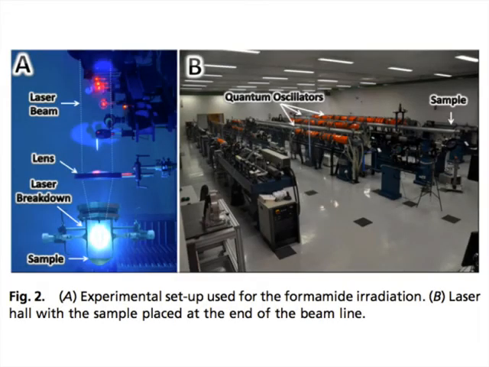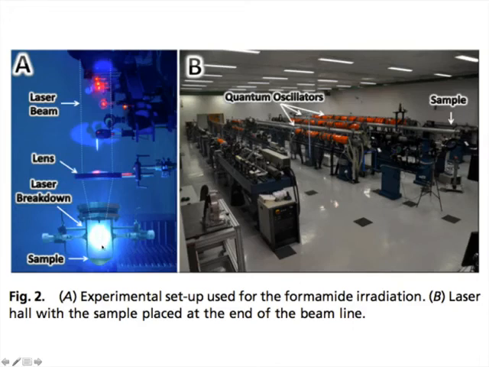And this is a really cool experiment that I'm going to just illustrate for you guys briefly that looked at this. Here, the whole goal was to simulate the energy that would have been released from an asteroid impact. They're using lasers to do that here. You can see the setup with the laser beam that is focused through a lens and reacts with a sample.